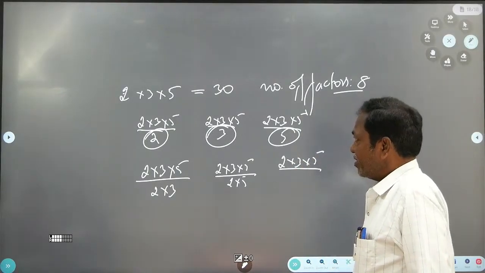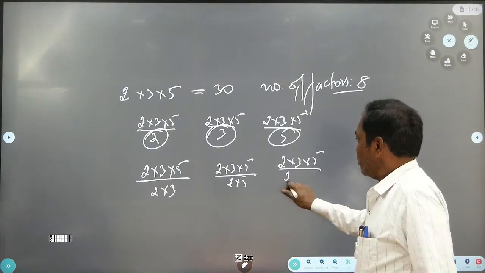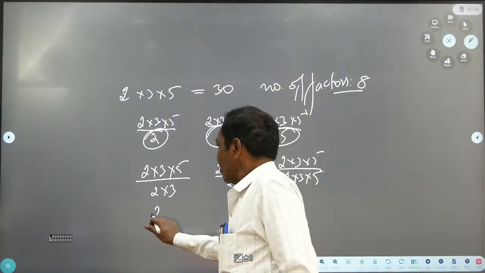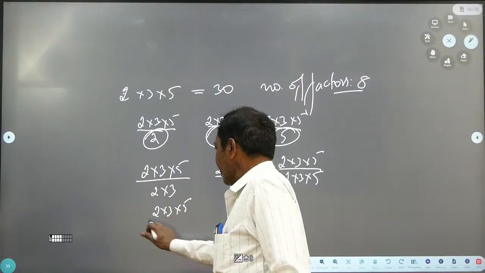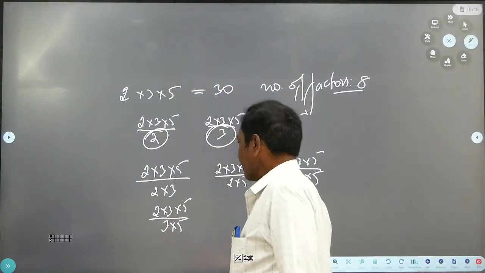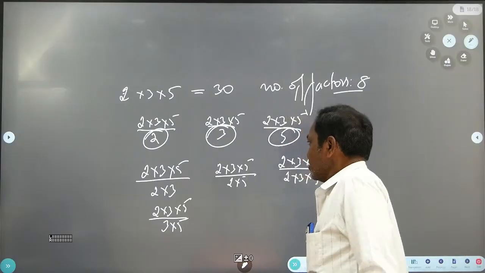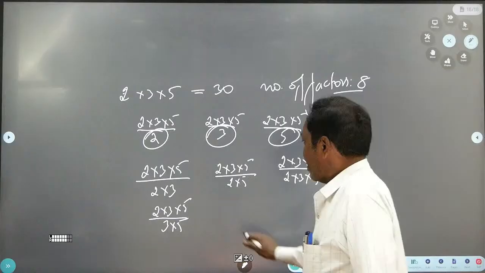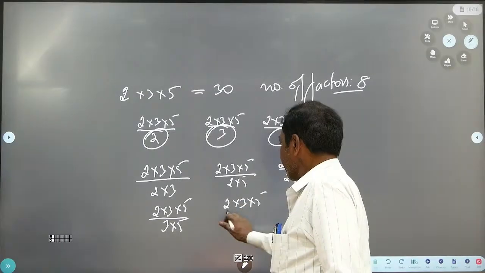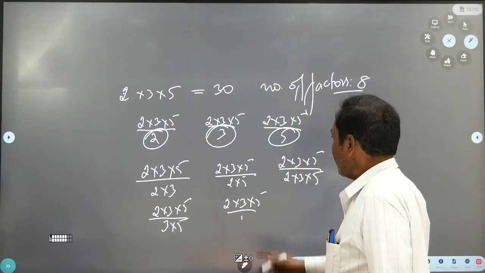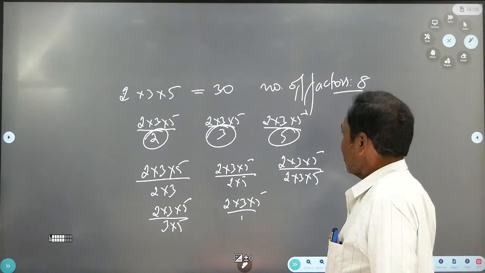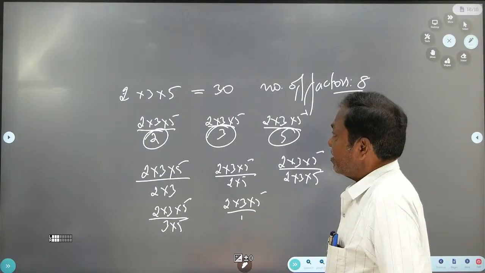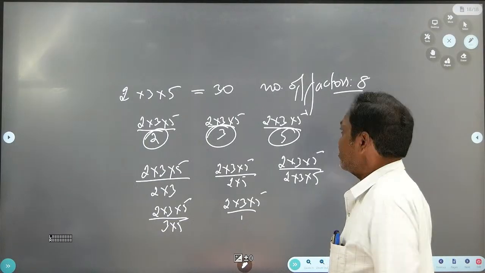Again if you take 2 into 3 into 5 by 3 into 5 like that. So one number is over, 2 numbers are over, 3 numbers are over. And 2 into 3 into 5 by 1 also you should take. How many are there? So now we can see 3, 4, 5 like that. So like that you can count the number of factors. Okay. Yes.